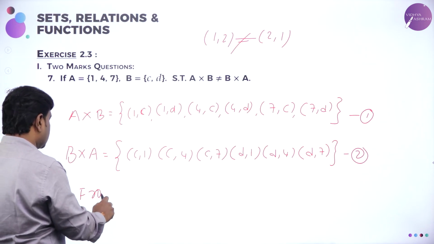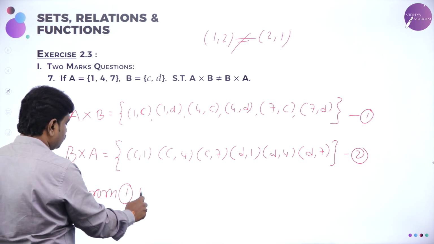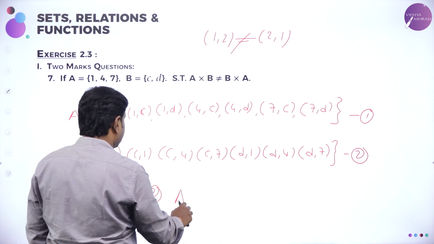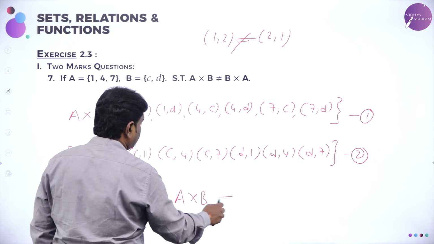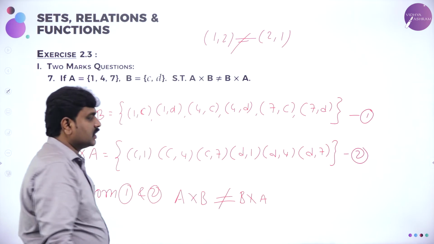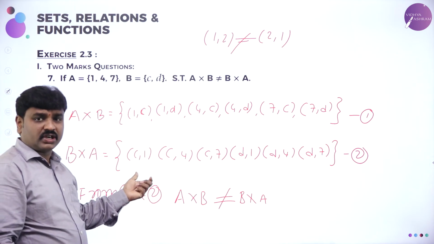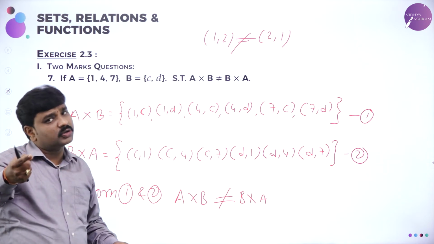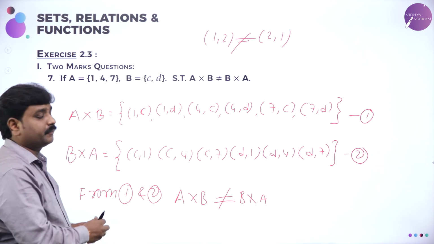From 1 and 2, they are not the same. This is (1,c), but this is (c,1). They are not equal. A cross B is not equal to B cross A, because (1,c) is not equal to (c,1). I told you, if two ordered pairs are the same, then their first element should be equal to first and second should be equal to second. So, they are not equal.